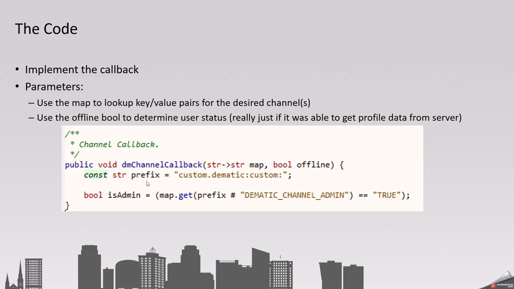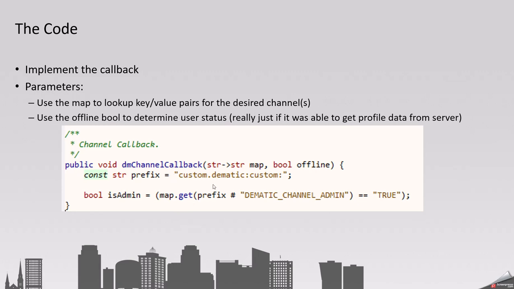And what this code basically looks like is I'm grabbing one of the values out of the map. I'm looking for a specific channel here, the admin channel. And if my value is true, that means I must be a member of that channel. So I'm going to turn on this is admin flag.